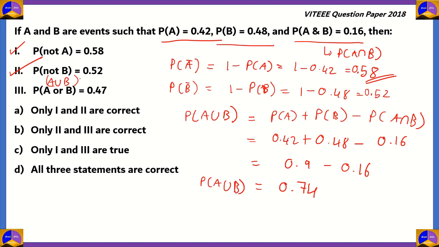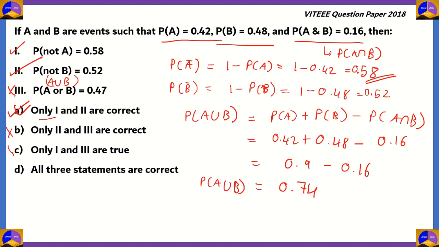So that means P of A or B being 0.47 is downright incorrect. So we now know that statements 1 and 2 are correct. So therefore, among the given options, you can see that option A is the correct option. It says only 1 and 2 are correct, which is true. In option B, only 2 and 3 are correct is given, which is wrong because 3 is incorrect.